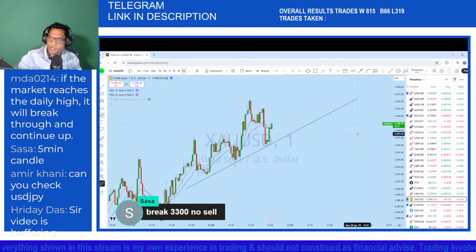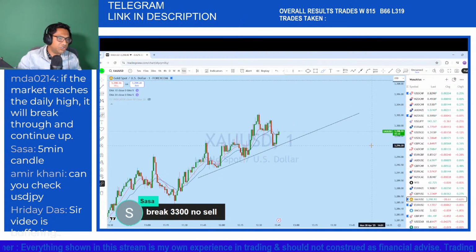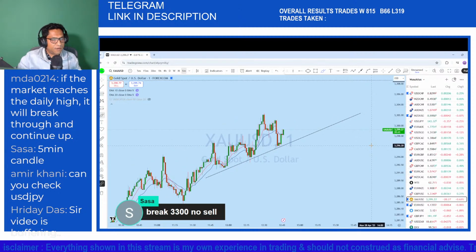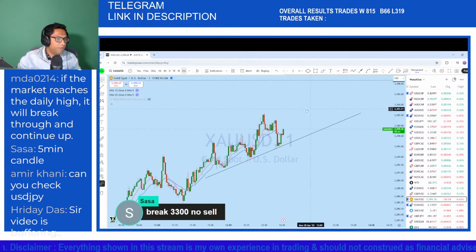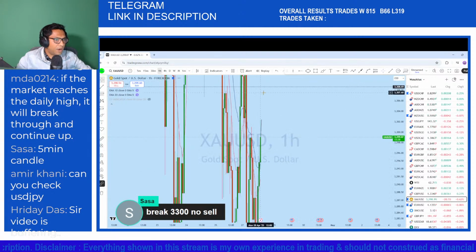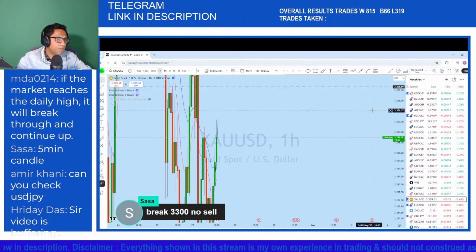Now this market is showing possible directionally still bullish, and I think that we might see the price bounce back to the long-term resistance line.